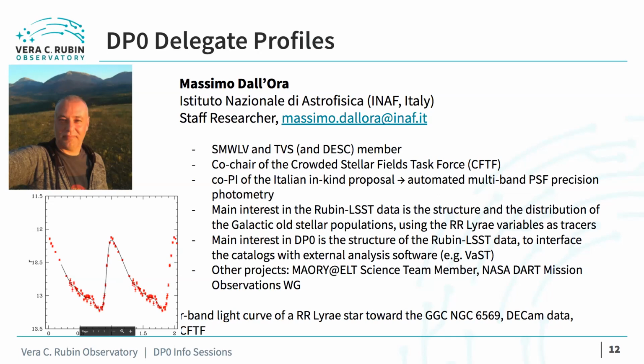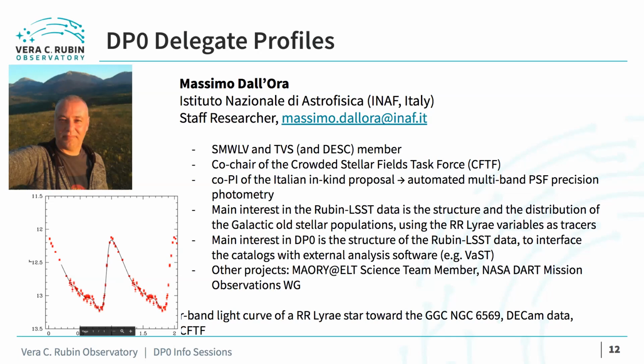especially focused on automated multiband PSF precision photometry to flank the official Rubin LSST photometry in the most crowded areas, such as the galactic bulge. My main interest in the Rubin LSST data is the structure and distribution of the galactic old stellar population, mainly using RR Lyrae variable stars as population tracers.